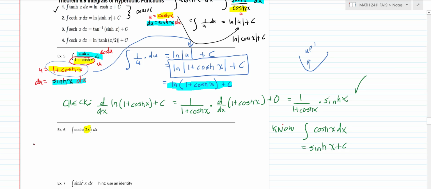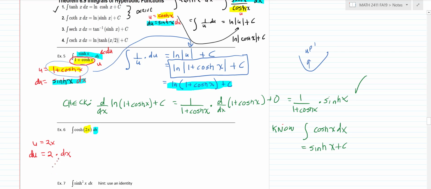We're going to set u equal to 2x. And then what's left over is not cosh dx, we're left over with dx. If we take the derivative, du is 2 times dx. Well, we don't want 2 dx, we want 1/2 dx.